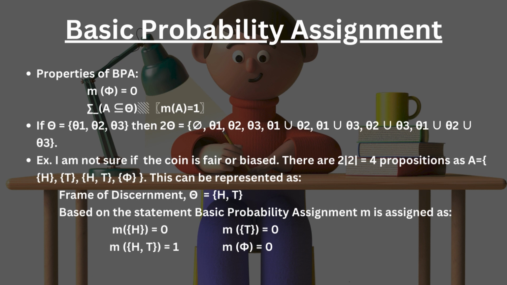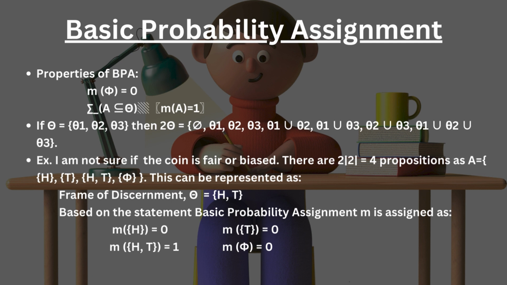Suppose for the same coin toss example, A consists of head, tail, the combination of head and tail, and the last one phi. There are 2 to the power 2 propositions, that is 4 propositions, and the addition of all the basic probability assignments will be equal to 1. This covers all possible scenarios.